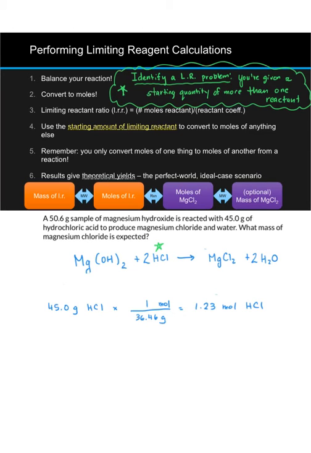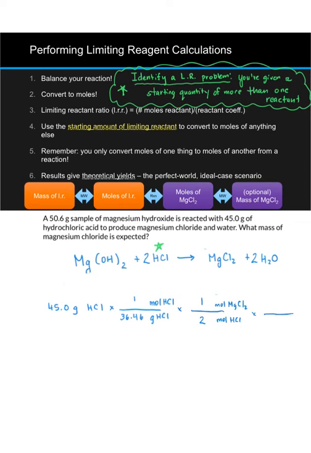So let me get rid of the answer here and start tacking on some more conversion factors. To go from moles of hydrochloric acid at this point into moles of magnesium chloride, we take advantage of our chemical reaction. Moles of HCl convert to moles of MgCl2 by using coefficients from the reaction above. Coefficient in front of MgCl2 is 1, in front of HCl is 2.